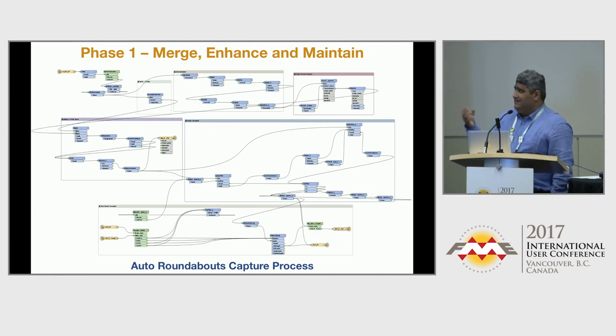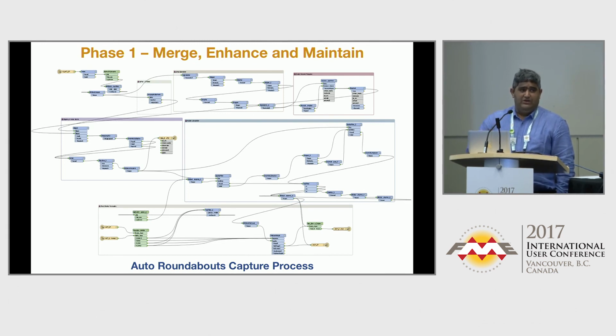streets. At the same time, we wanted to preserve whatever roundabouts are available in PSMA data, because the position geometry was much better in PSMA data. And these roundabout features available in PSMA data have a problem with their line direction.